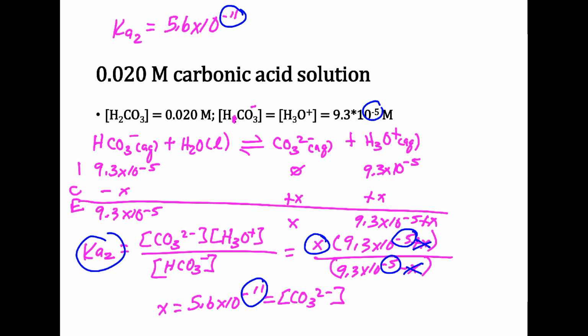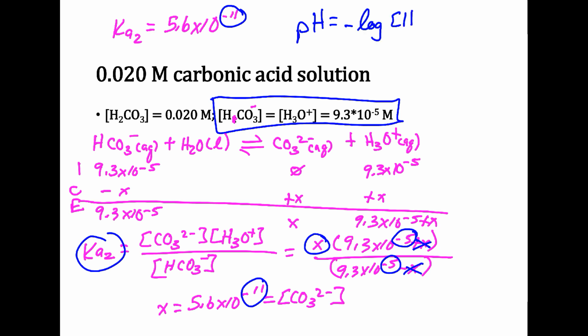So what we'll see is these initial concentrations up here are also your final concentrations. And then to find the pH, pH is equal to negative log of H3O plus. So whenever we plug that value in, we'll end up with a pH of 4.0.